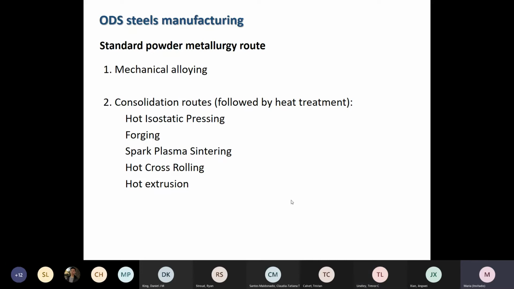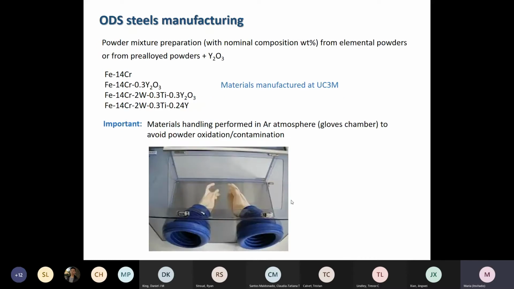And they are typically followed by a heat treatment to release any stress that could be induced by the process itself. I will show you some examples, mainly of the situation that I have handled myself, the one that you can know better. So how we have prepared our own ODS steels in Madrid.